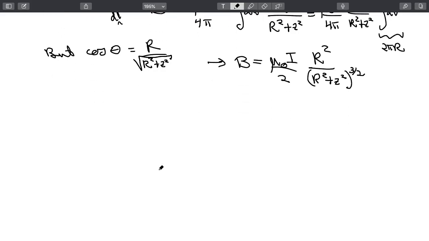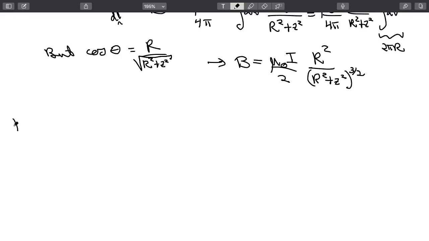Now, there are some important things to say about these vectors. You remember for the electrostatic field, we would characterize the electrostatic field by specifying its curl and divergence. So here we can do the same.